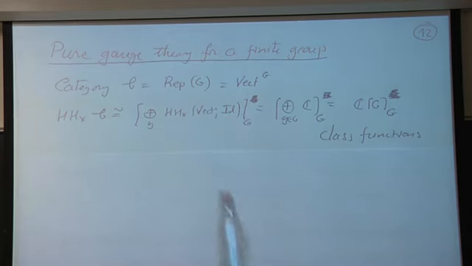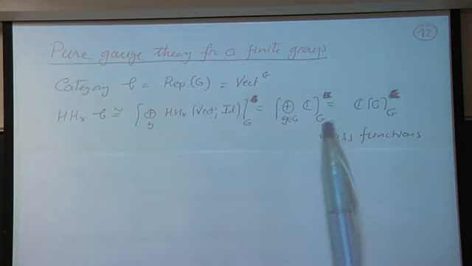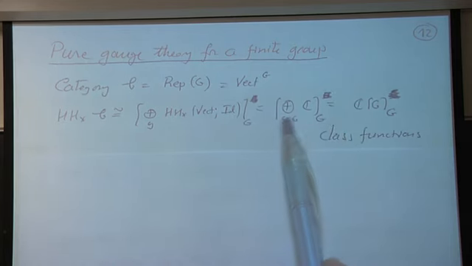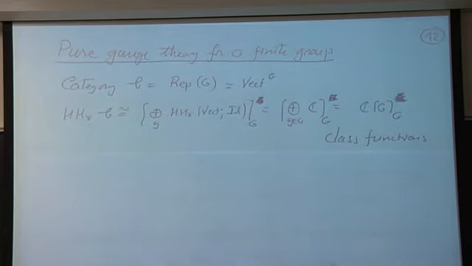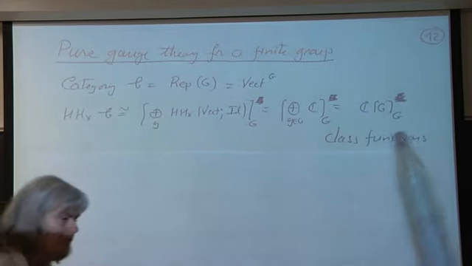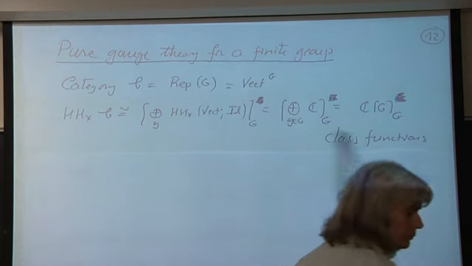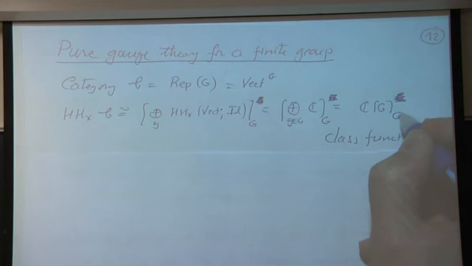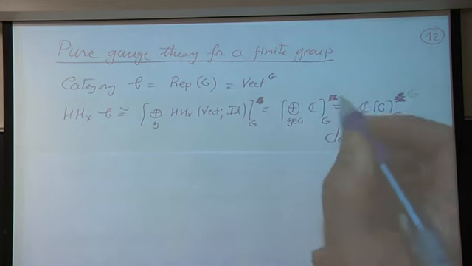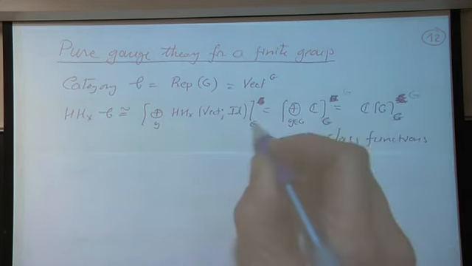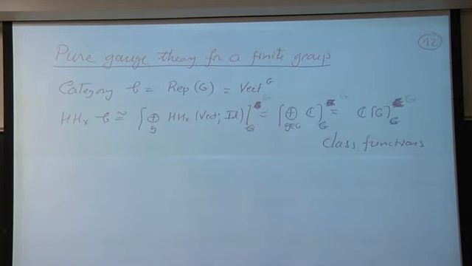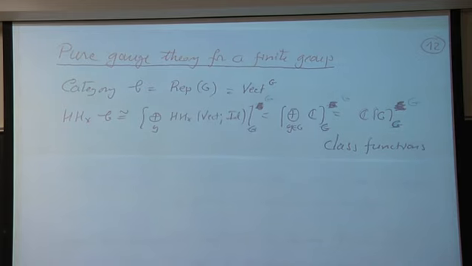The Hochschild homology of Vect with the identity is just C, so you just get a sum of copies of the line C over the group elements G, and then you have to take invariance. It's slightly better to think of taking co-invariance, and then, well, if you take invariance, actually, I don't know why I switched. I'm sorry. Let's stay this way. This is a canonical statement of the G down there, but it's much more sensible here to take invariance. You get the class functions on the group.